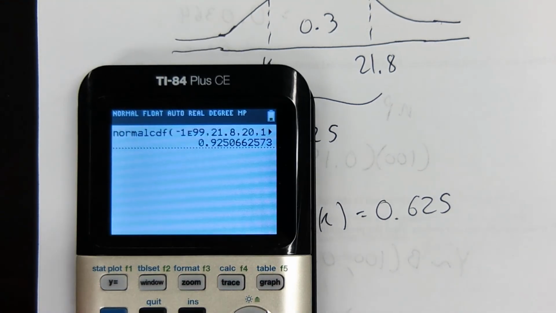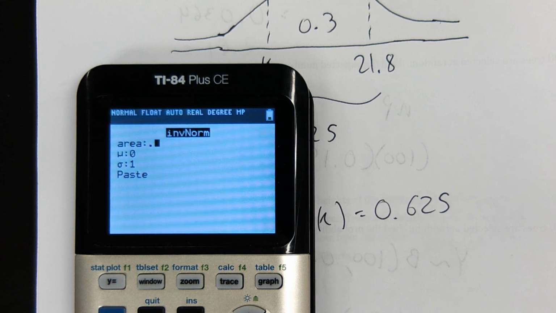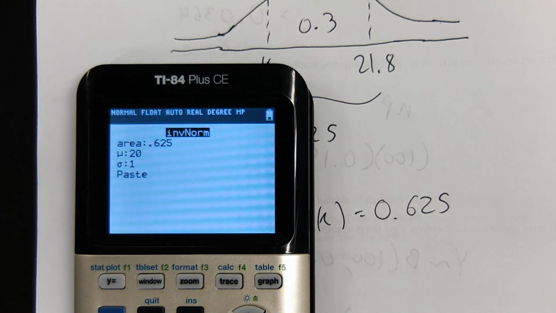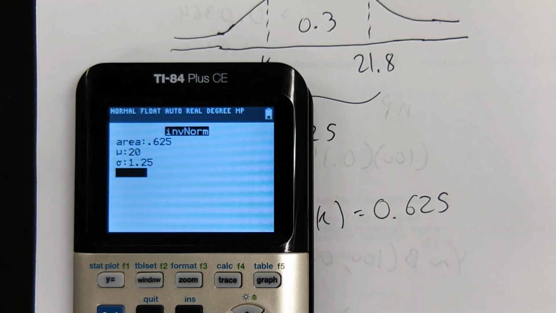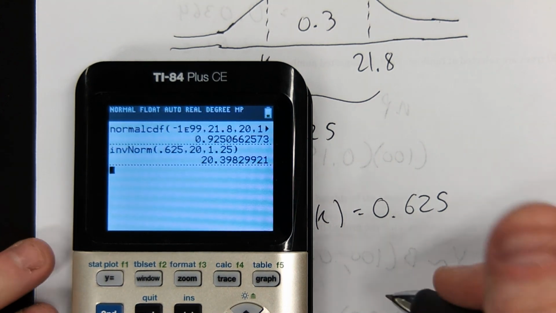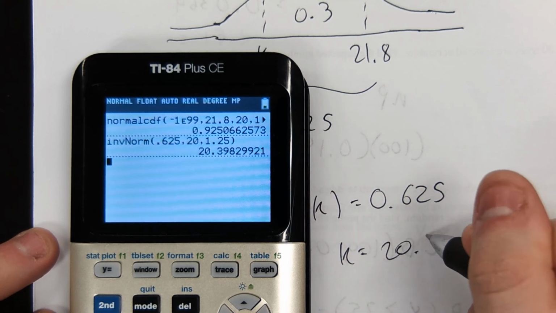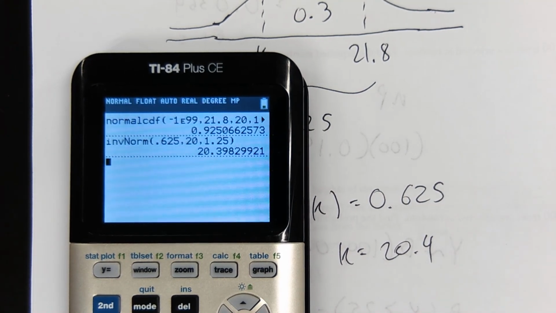Inverse normal. Second vars, inverse normal. Area is 0.625, mean of 20, and standard deviation is 1.25. Yay! 20.4 is 3 sig figs. And we're good.